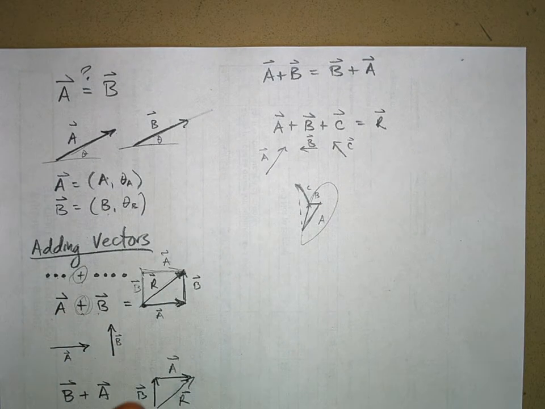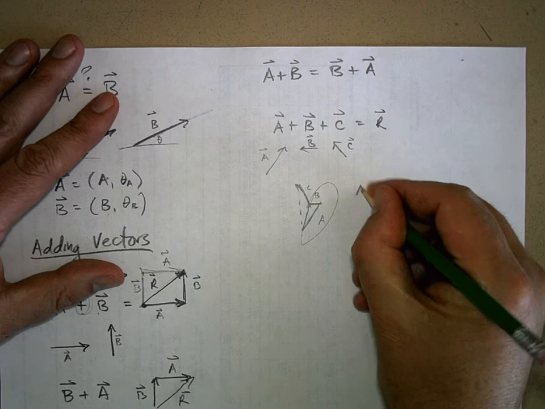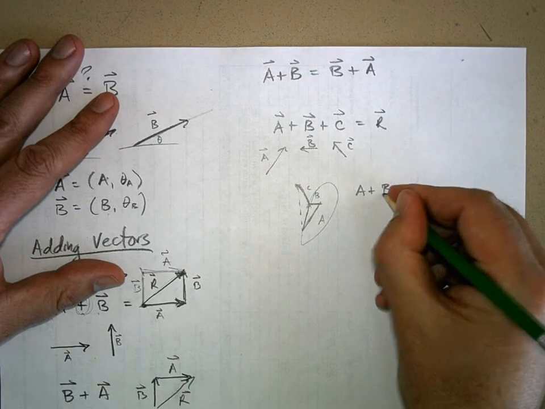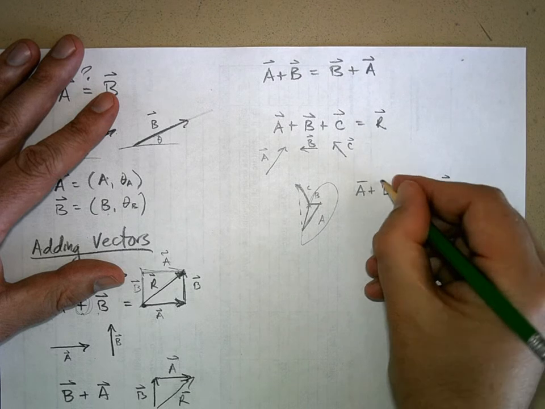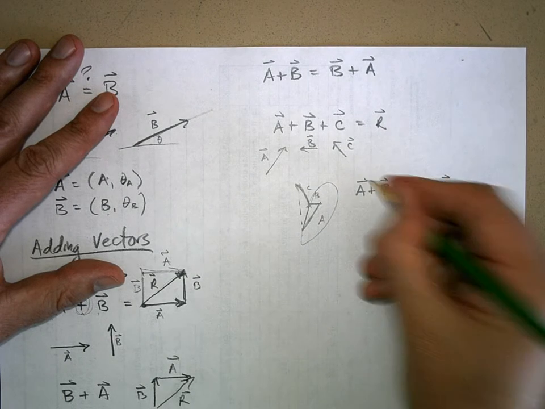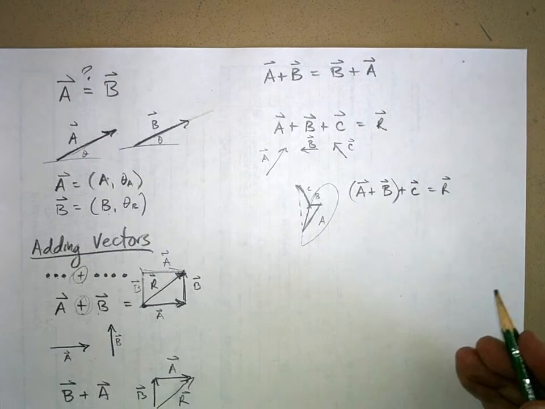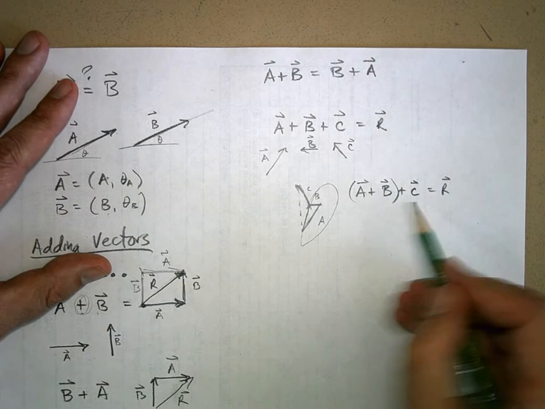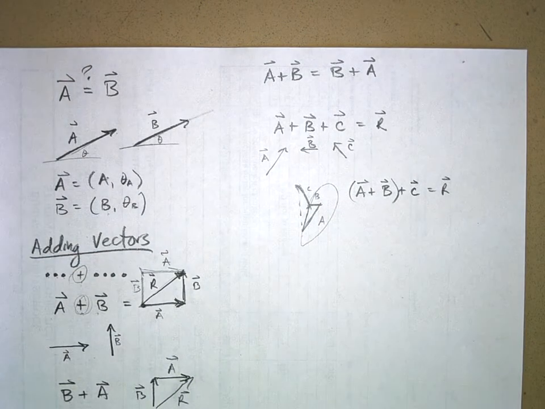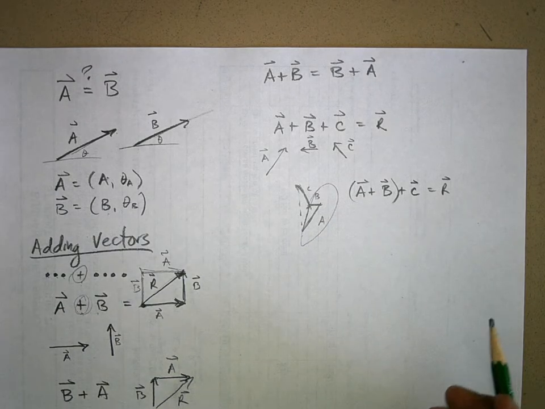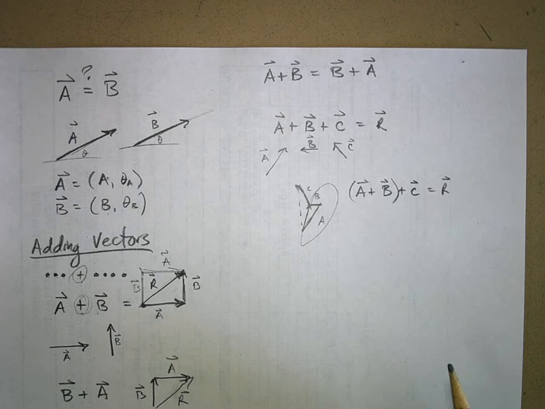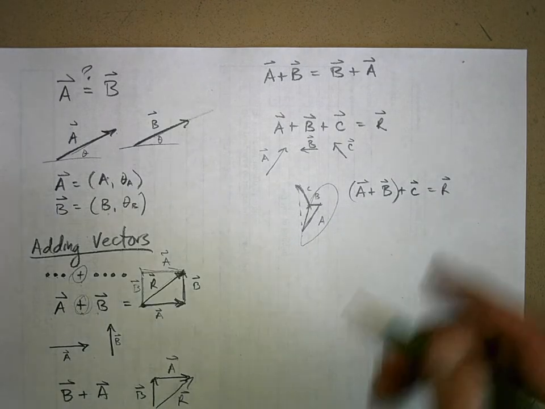It basically says, if you're going to go A plus B plus C equals R, you can add A plus B first and get another vector and then add C to it, and it won't change your answer. And if you draw these goofy little pictures like this, it's easy to understand these properties. So we have the commutative property, we have the associative property.